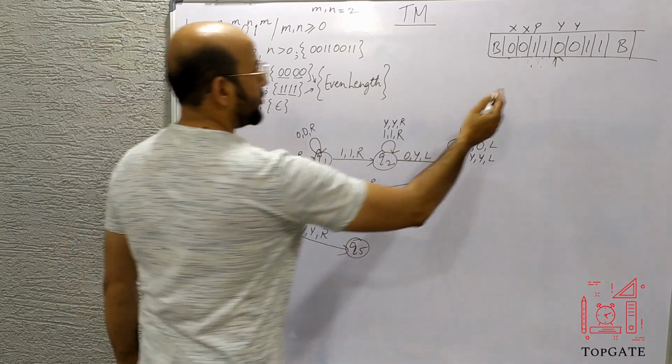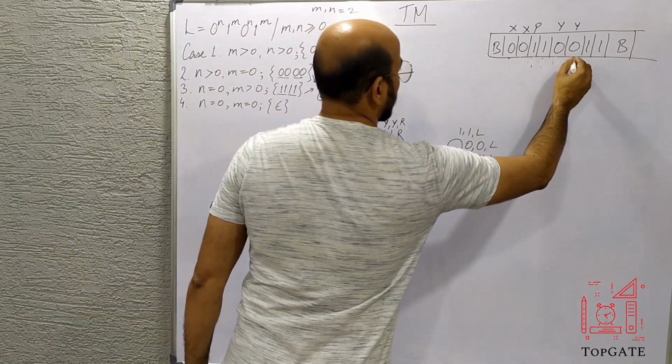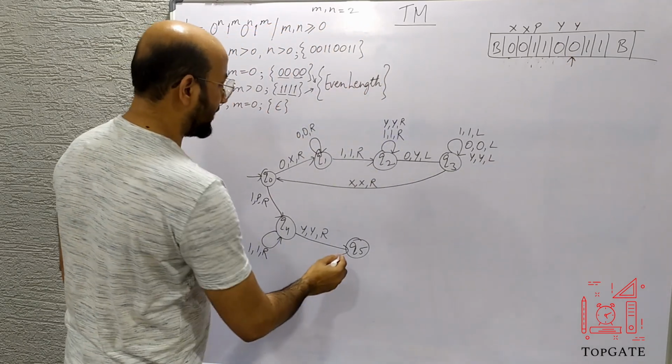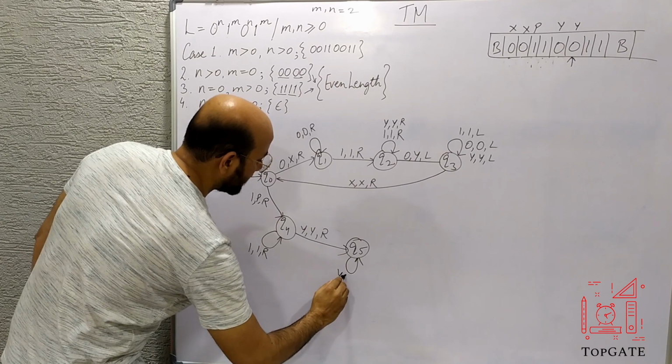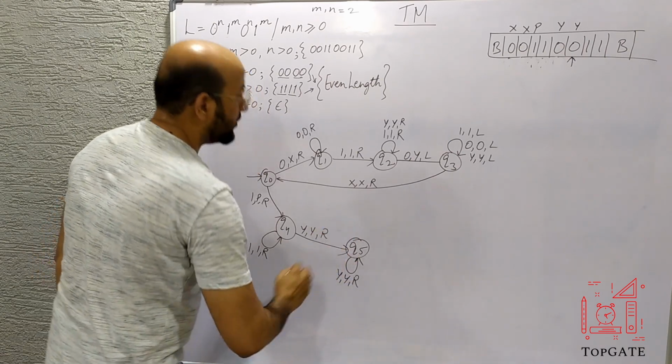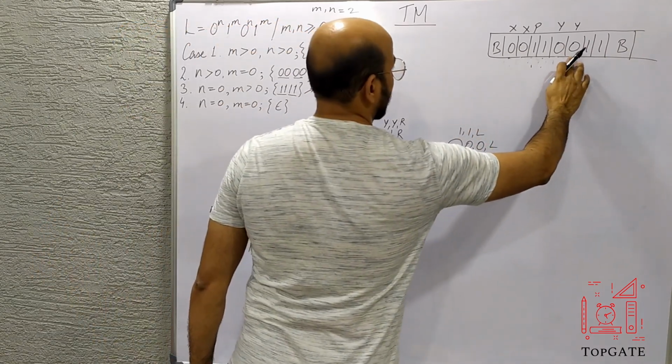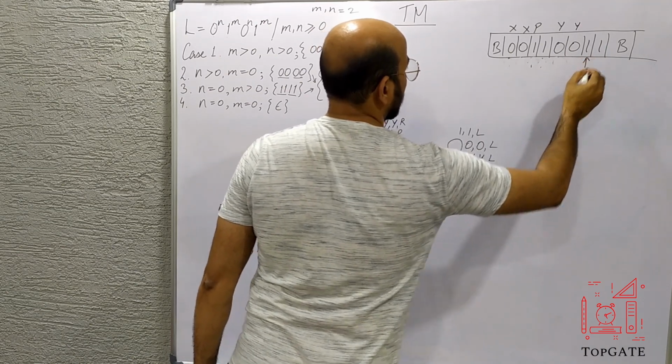Okay, now at Q5 this pointer will now point to this next Y. Again I have to take a loop for Y, that is, if you find Y, keep it as Y, go to the right side. So this Y will be skipped and the pointer will now point to the next one now.